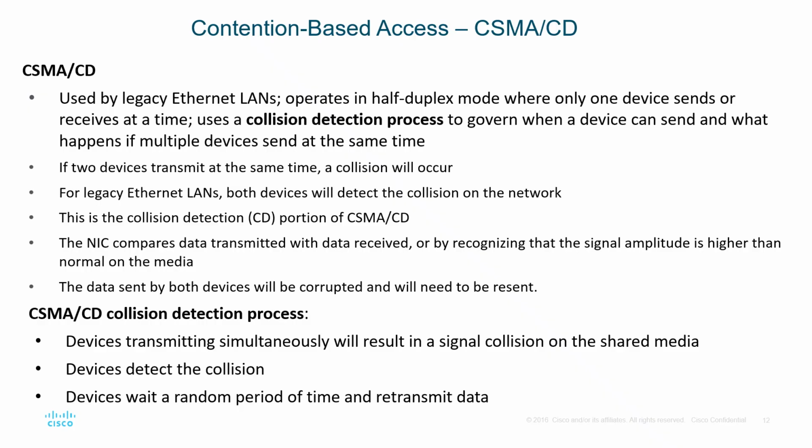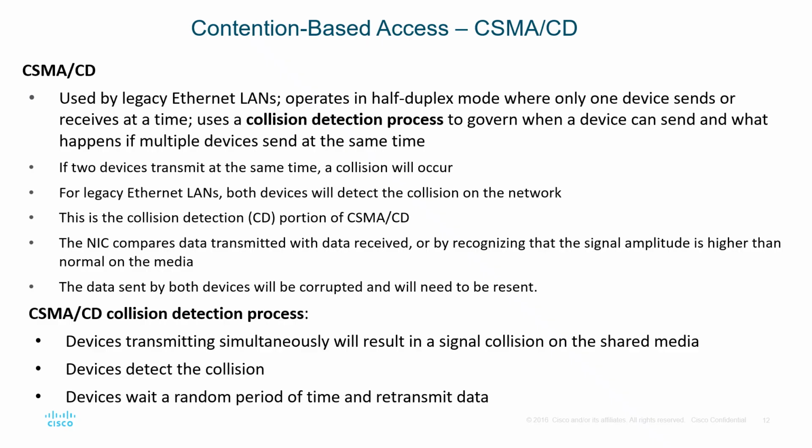So let's break those two access methods down. CSMA/CD, used by legacy Ethernet LANs, operates in half duplex mode, where only one device sends or receives at a time. It uses a collision detection process to govern when a device can send and what happens if multiple devices send at the same time.